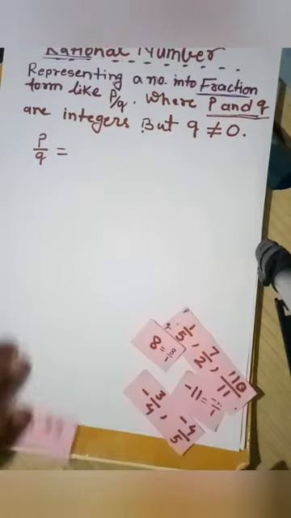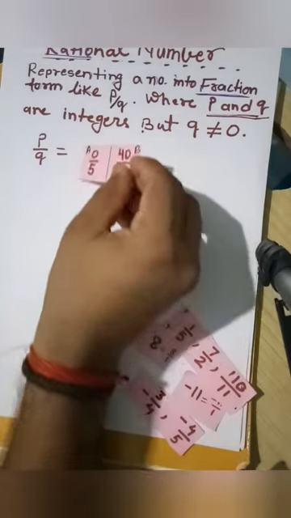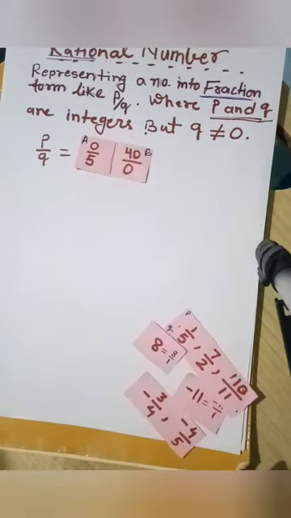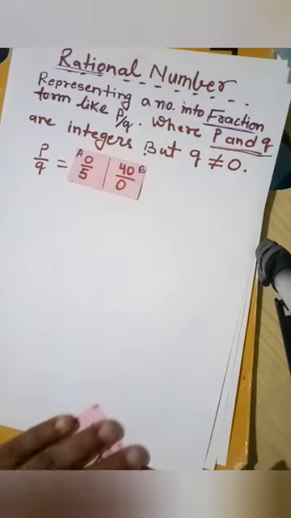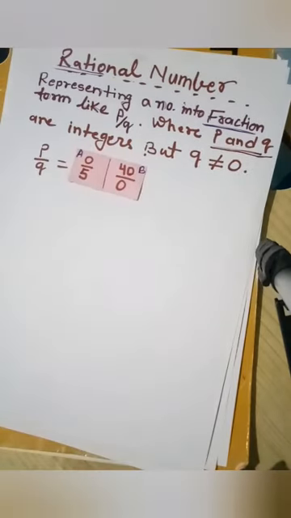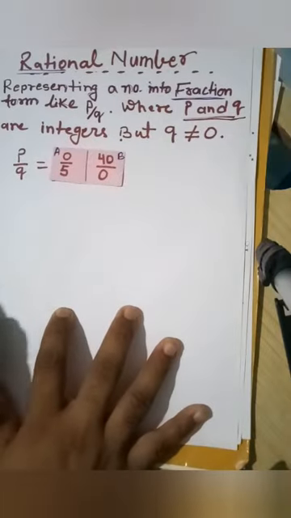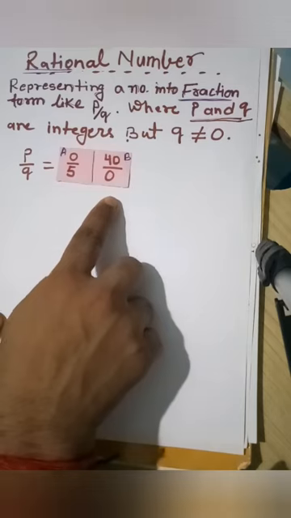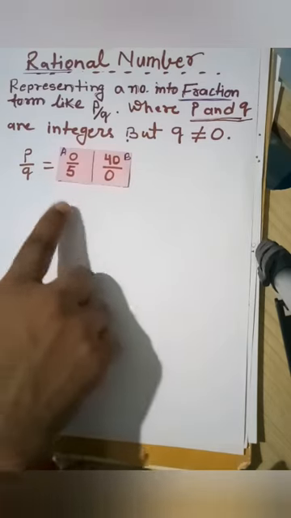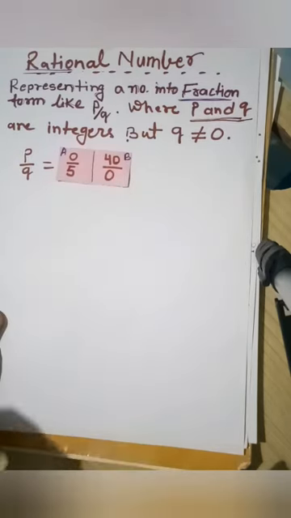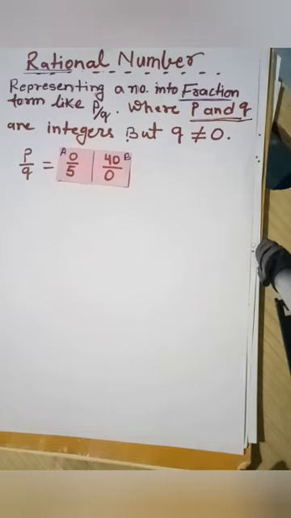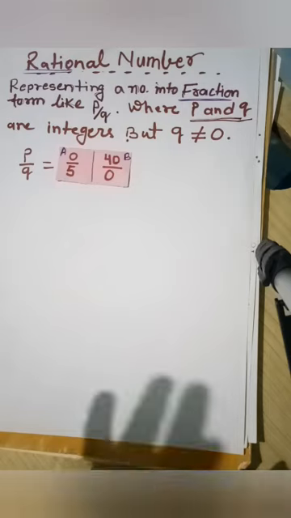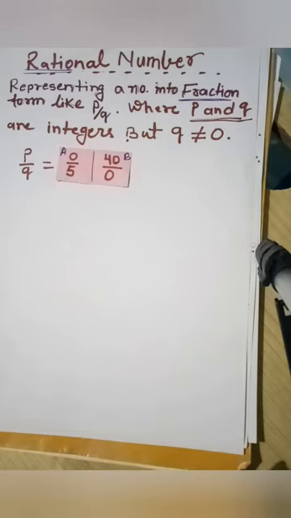Tell me which one between these two is a rational number: 0.5 or 40 upon 0? Option A or option B? Just write your answer in the comment box. So this is not all, but a few of the most important things about rational numbers.